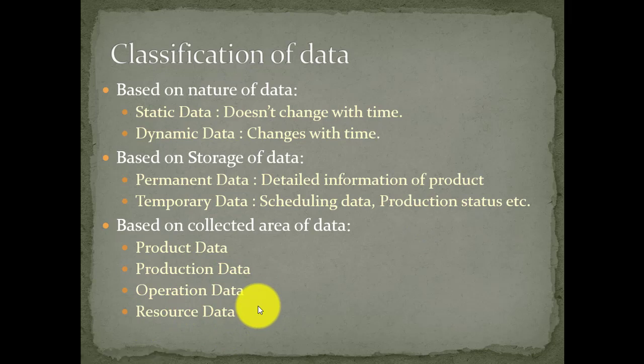These could be the different resources which are required to run a company, and data related to those kinds of resources, their utilization, their availability, what is the future availability, and all those things, are called resource type of data. So these are the three broad ways of classifying data. There are many other ways of classifying data also, but we are right now discussing these three types of classification of the data.